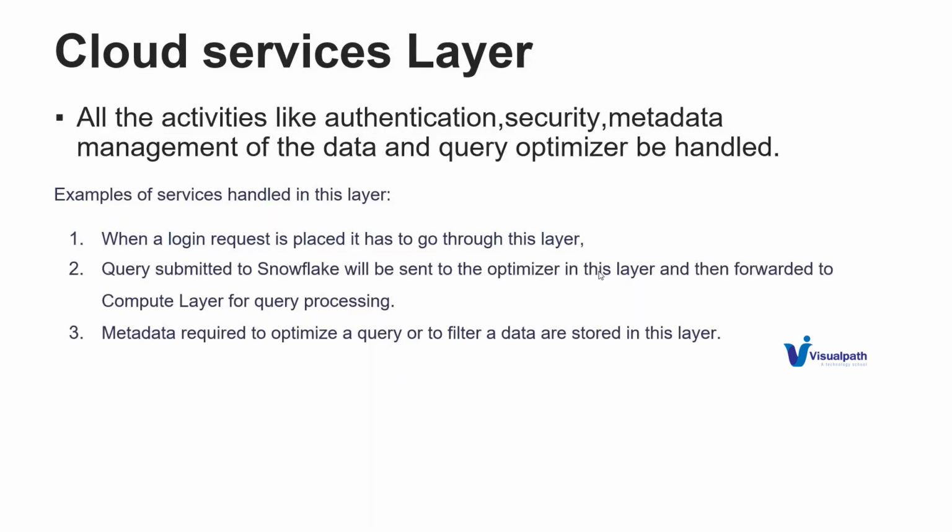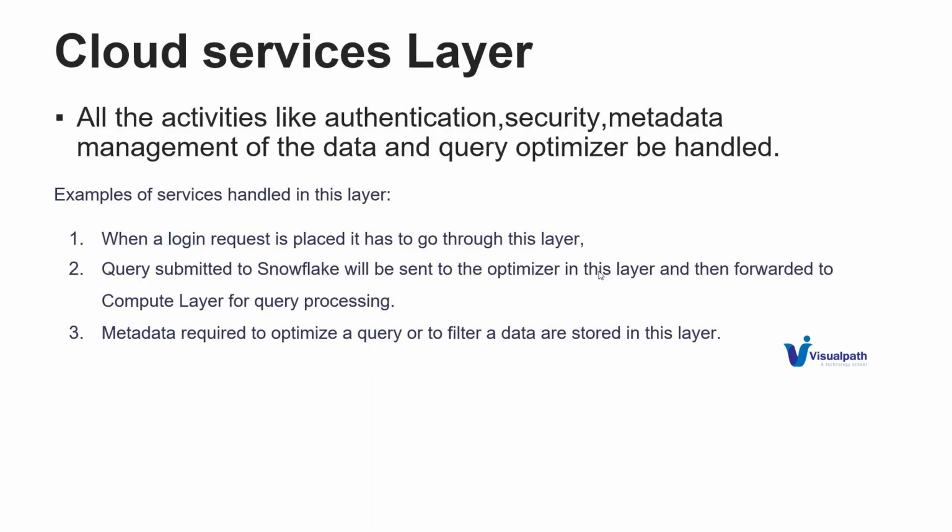What is that process? We will see. Let's say I have submitted a query, and who will get this query first according to the layers: the database storage layer, the compute layer, or the cloud services layer? This query will go to the cloud services layer first, not to the database, not to the compute layer. It will go to the cloud services layer first.